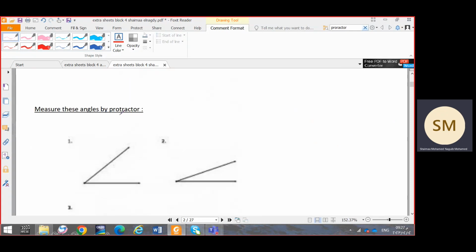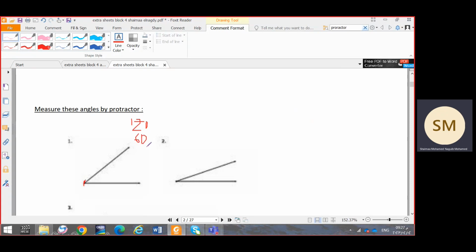Measure these angles by protractor. You will put the hole of the protractor on this vertex, and you will start measuring. Sometimes there will be two readings here, for example 120 and another one, which is 60.